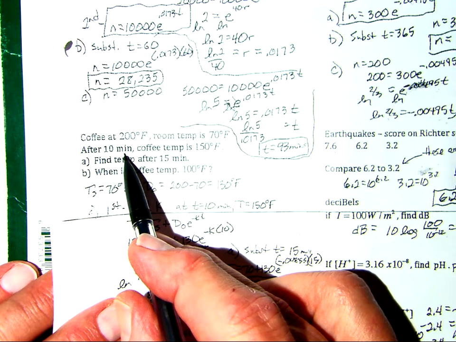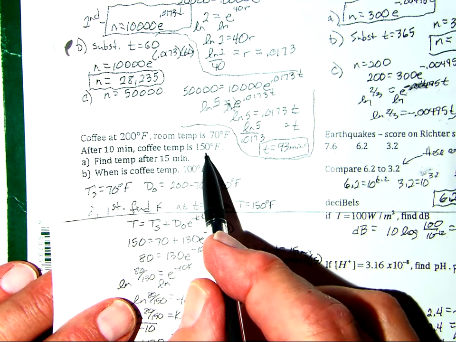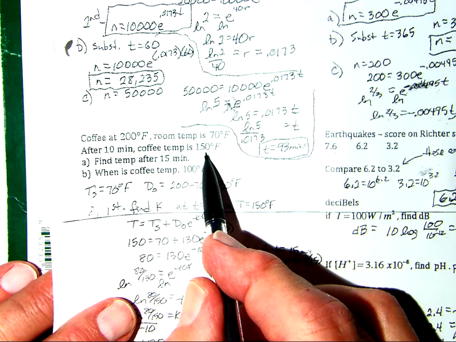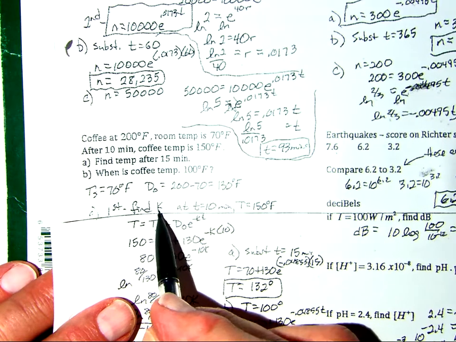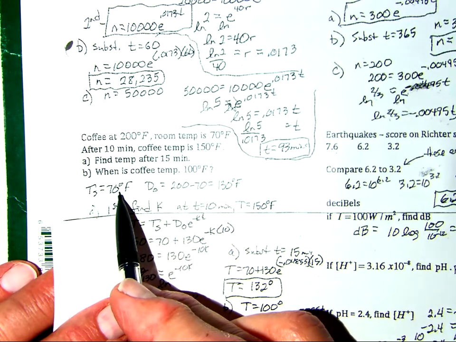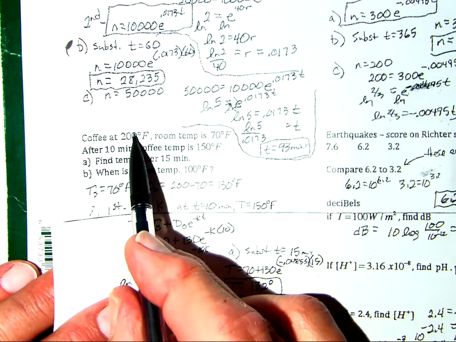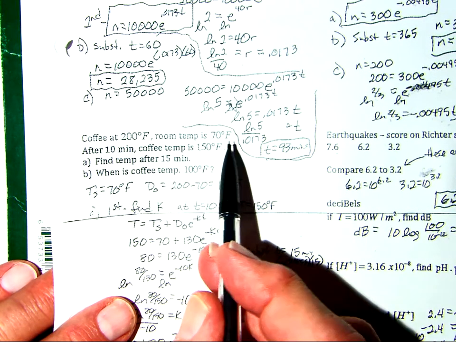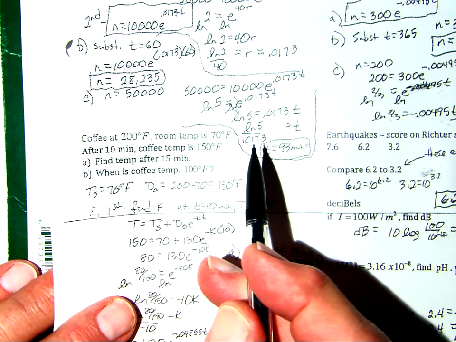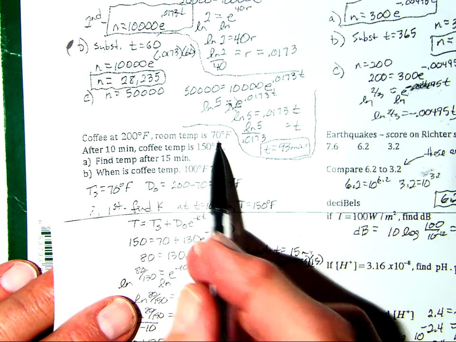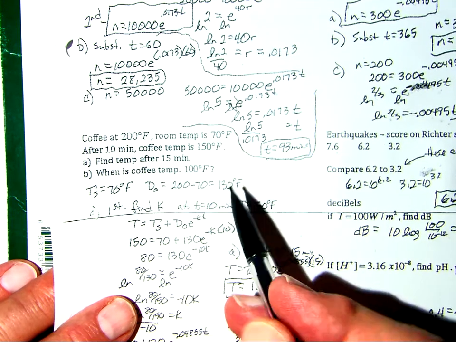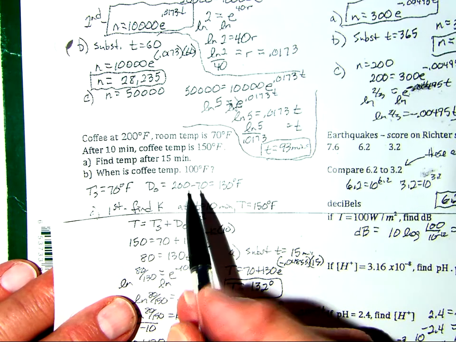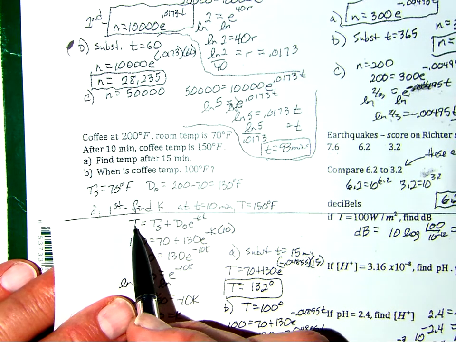Our time is 10 minutes, as in in 10 minutes the temperature of the coffee drops to 150. So first we need to find k. So the temperature of our surroundings is 70. Our initial difference is 200 minus 70, so it's 130.